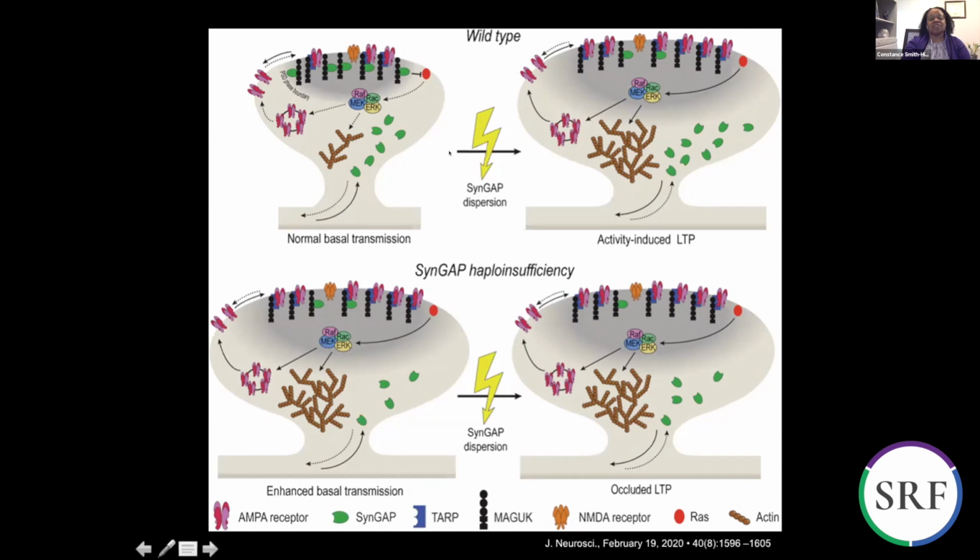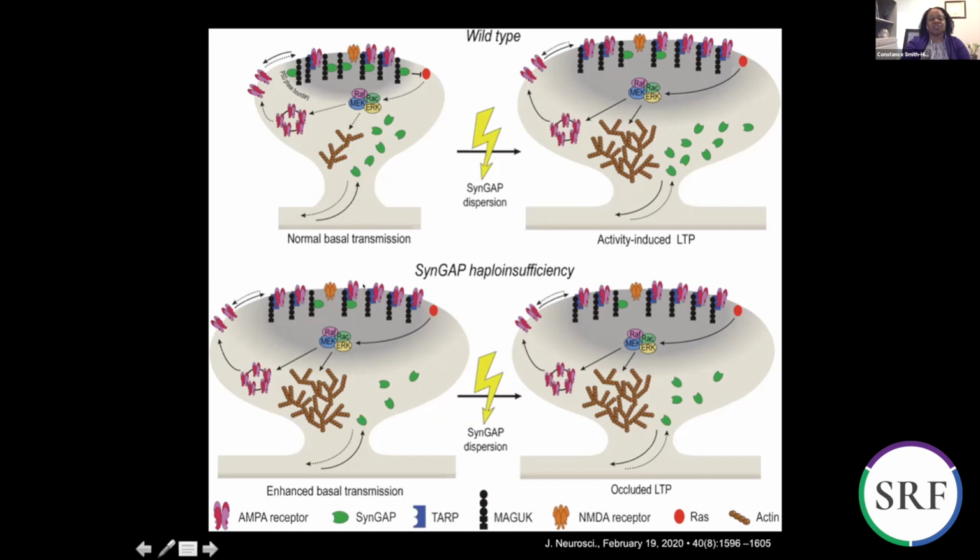In the situation where there is increased synaptic activity, SYNGAP1 releases its negative inhibition on RAS, and through a number of steps results in increase in AMPA receptors to the membrane, increase in actin polymerization, enlargement of the dendritic spine, and processes that play a role in activity-induced LTP.